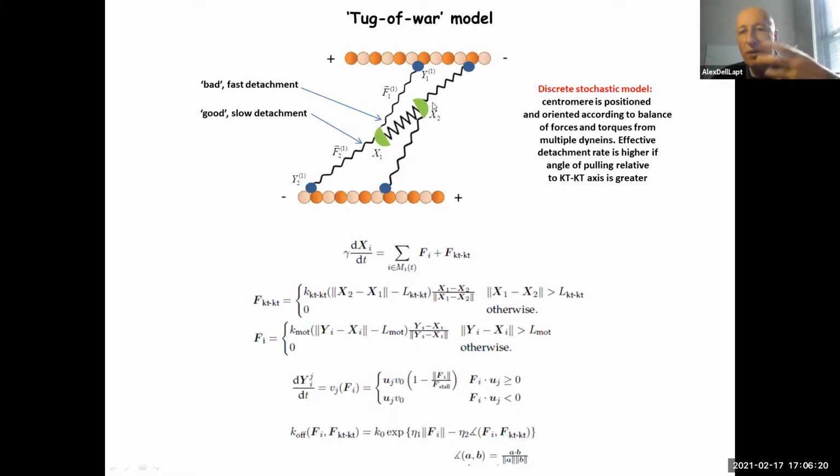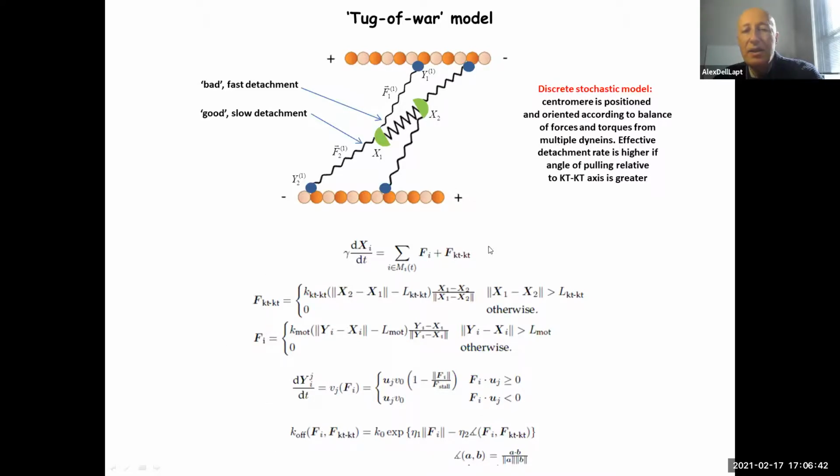And we balance the forces and torque. So we solve simultaneously mechanical equations for movement of the motors. I want to emphasize that there are very few untested assumptions here, because molecular motors have been researched really extensively in the last decades.